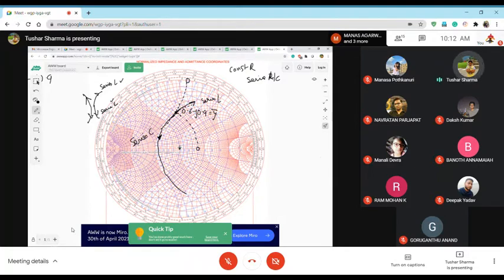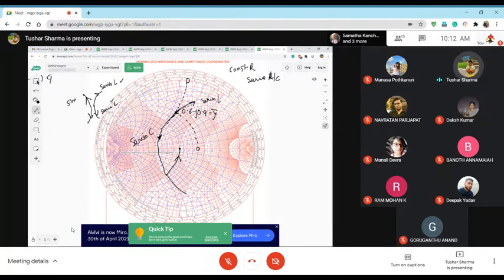Okay. Now, once I reach here, I have to go to 50 ohms. So if you see 50 ohms, this is my 50 ohm circle. If I have to move on a 50 ohm circle, from here, I will have to go in this direction. So this direction is on a constant conductance circle. Blue circle पर है. तो अगर constant conductance circle पर है ये, तो again we have two cases.